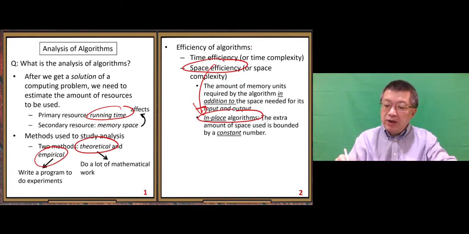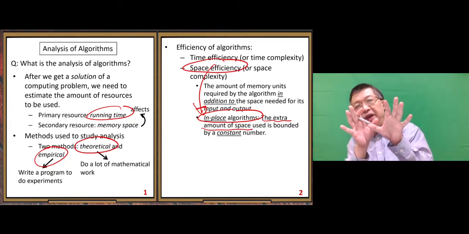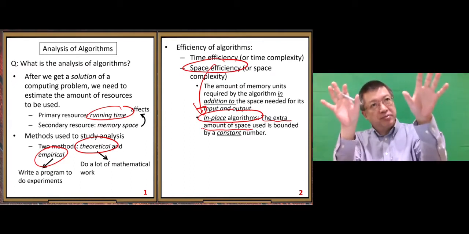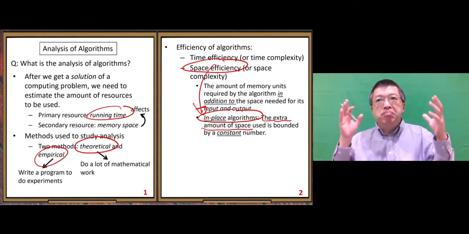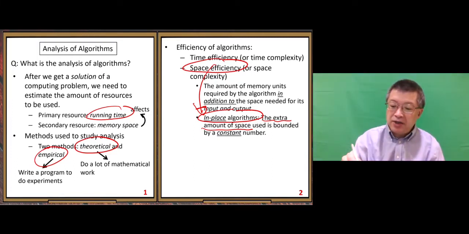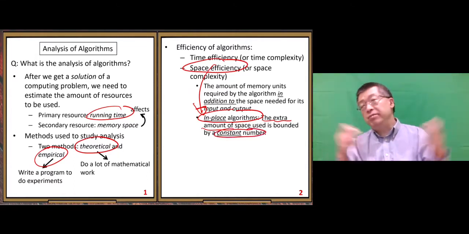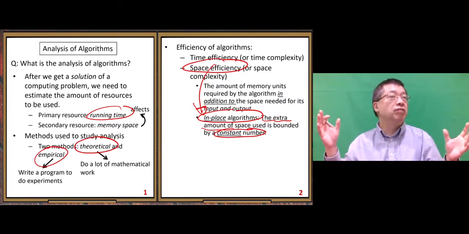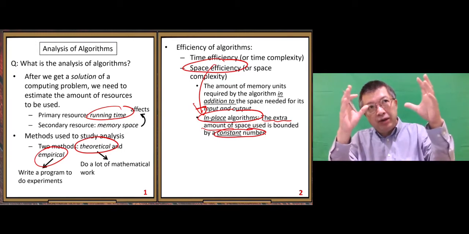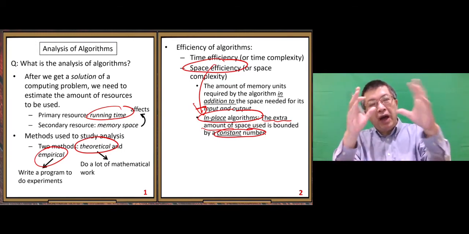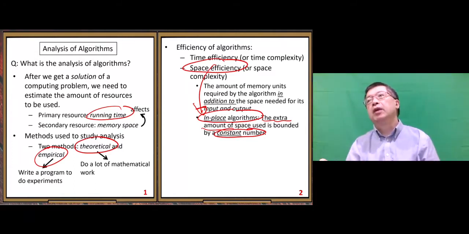We only look at the extra amount of space, excluding input-output storage space. That amount is bounded by a constant number. A constant could be 5, could be 10, could be 100. But as soon as you determine that amount of space used for your algorithm, it is a fixed number.